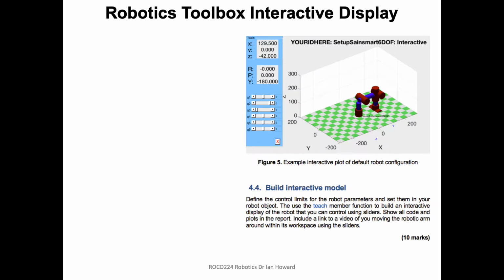One of the nice things about Robotics Toolbox again is it does have this really nice interactive mode. So you can use the teach member function and basically it will draw your arm out, but it'll give you controllers so you can actually slide values of the control variables over their valid ranges. And in order to do that, you do have to put in some ranges, and just think of something sensible.